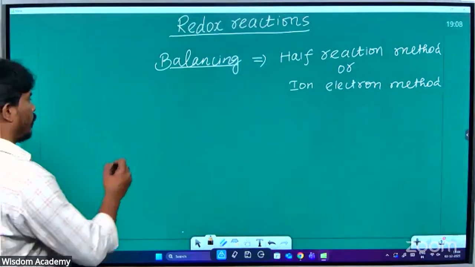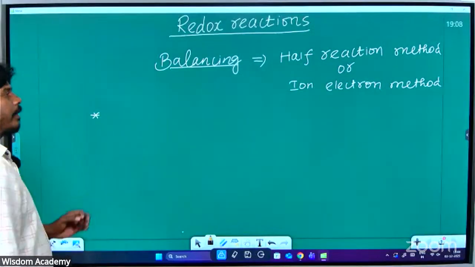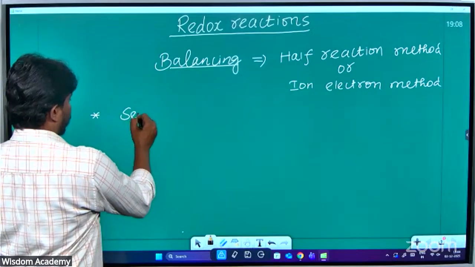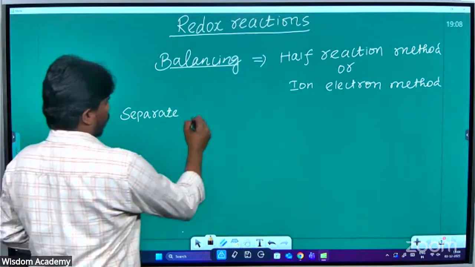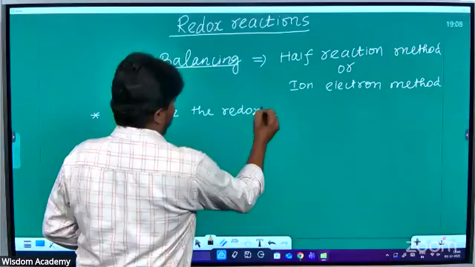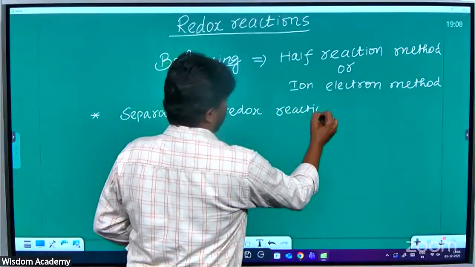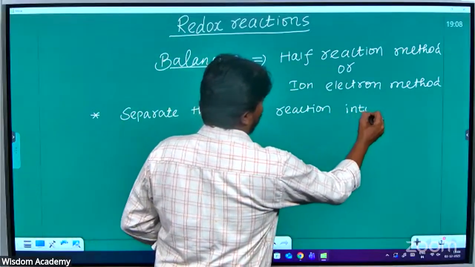Here, step 1 is separate the redox reaction into two half reactions.